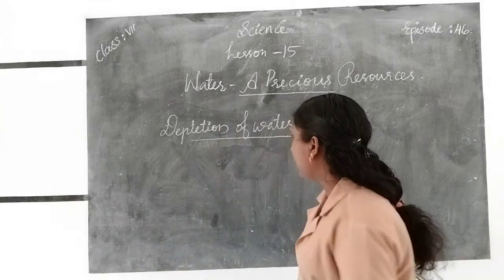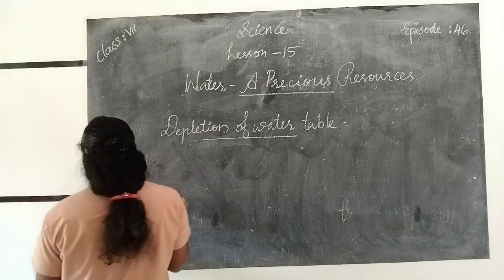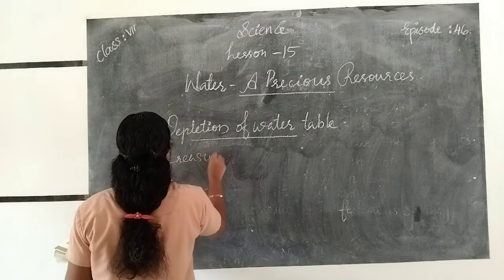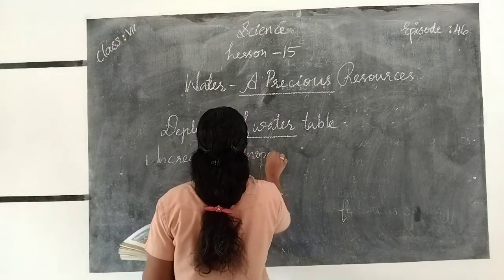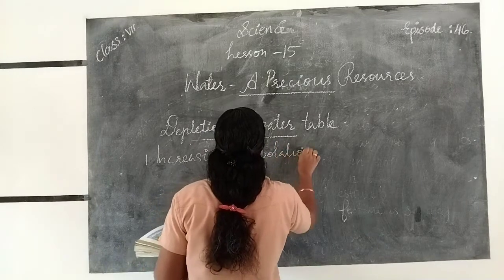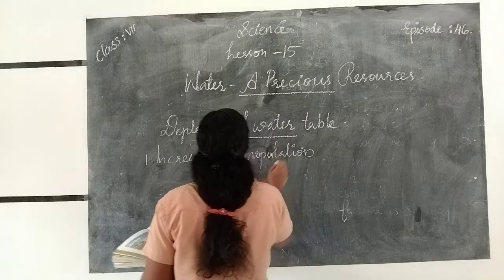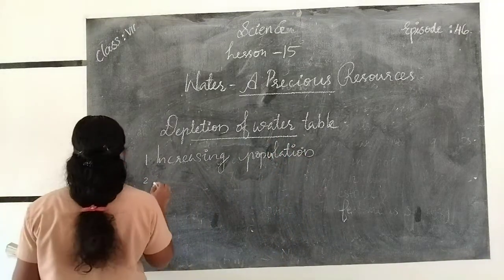What are the different factors affecting the water table? First one, increasing population. Second one, increasing industries.